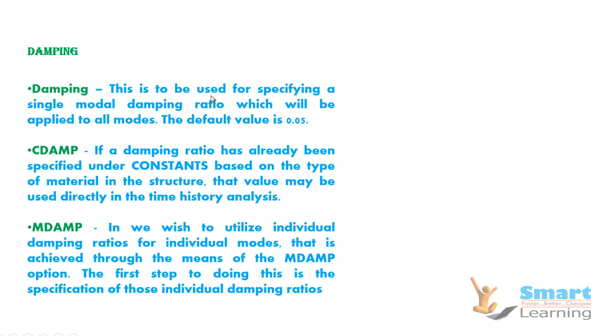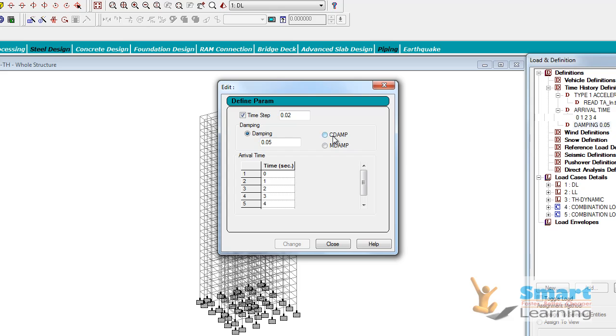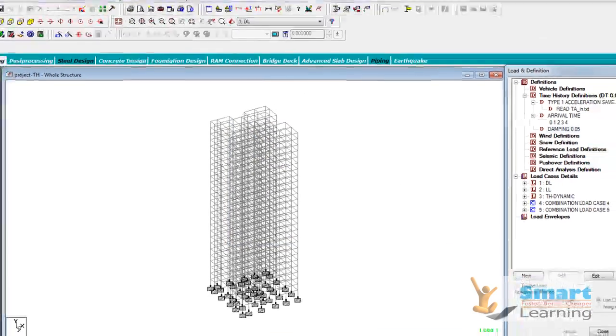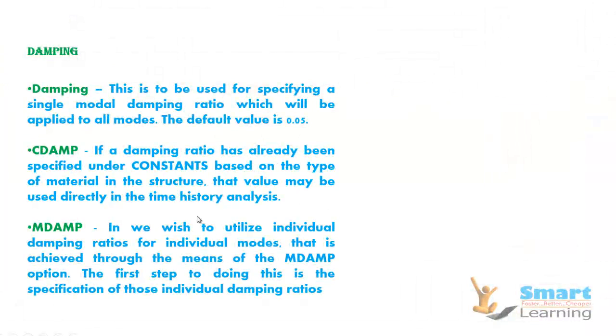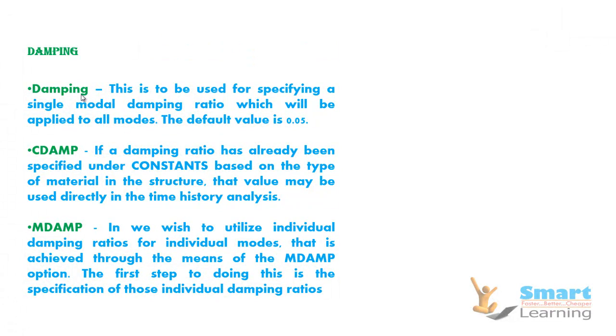And the damping which I discussed, the C damp or M damp, you can use if you have the composite damping case, or you can have the basic damping case that you can specify here. Damping is used to specify a single modal damping ratio which will be applied to all the modes, and the default value is 0.05.